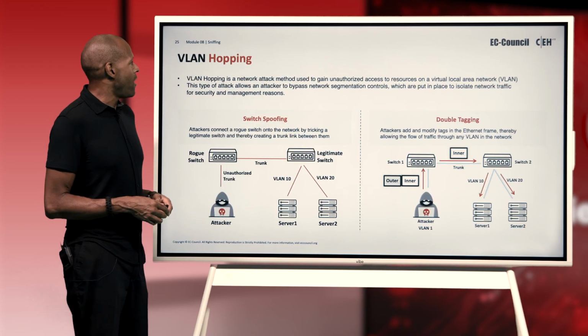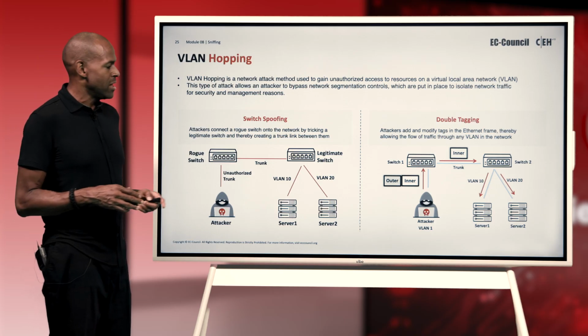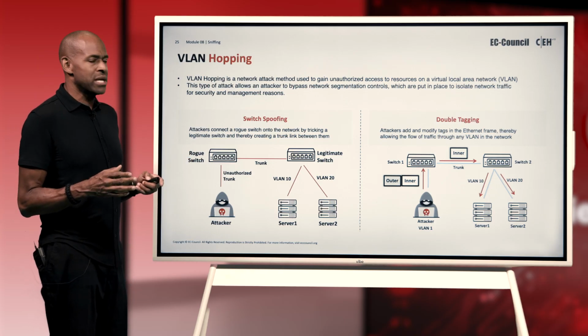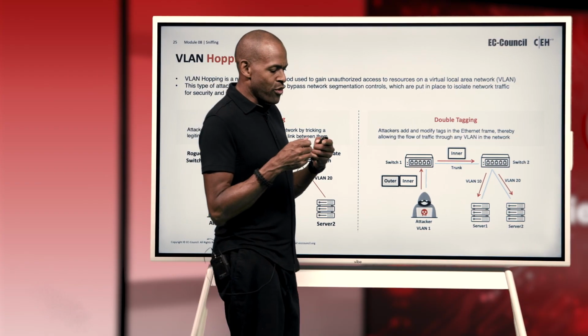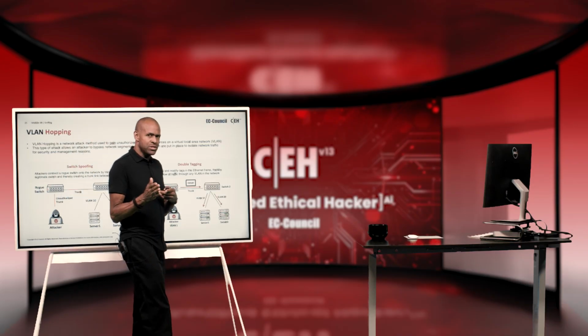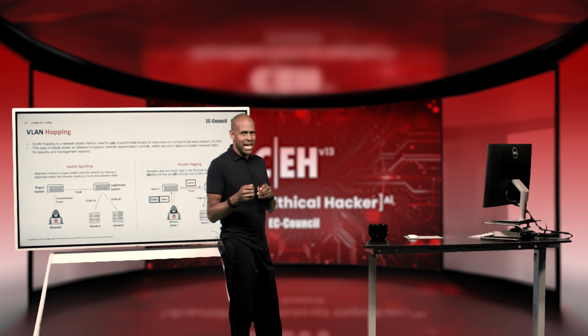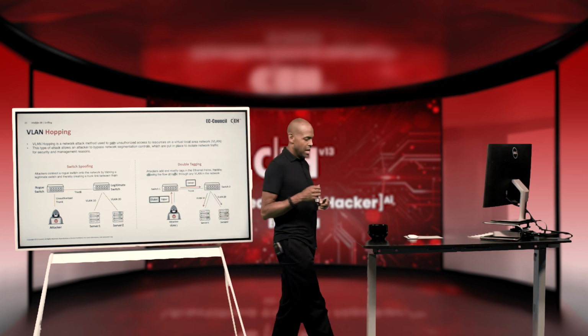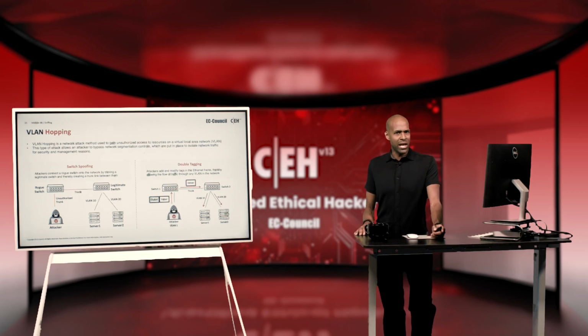All right, now let's look at the idea of VLAN hopping. So when I have a switch, whatever port that I'm plugged into on the switch will have a VLAN assigned to it. And when it has the VLAN assigned to it, that is the only VLAN communication I can have.